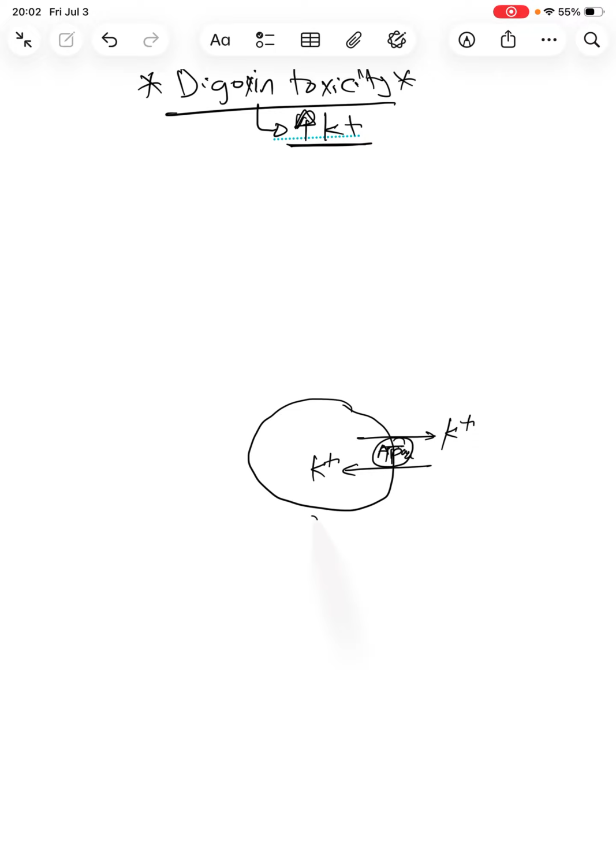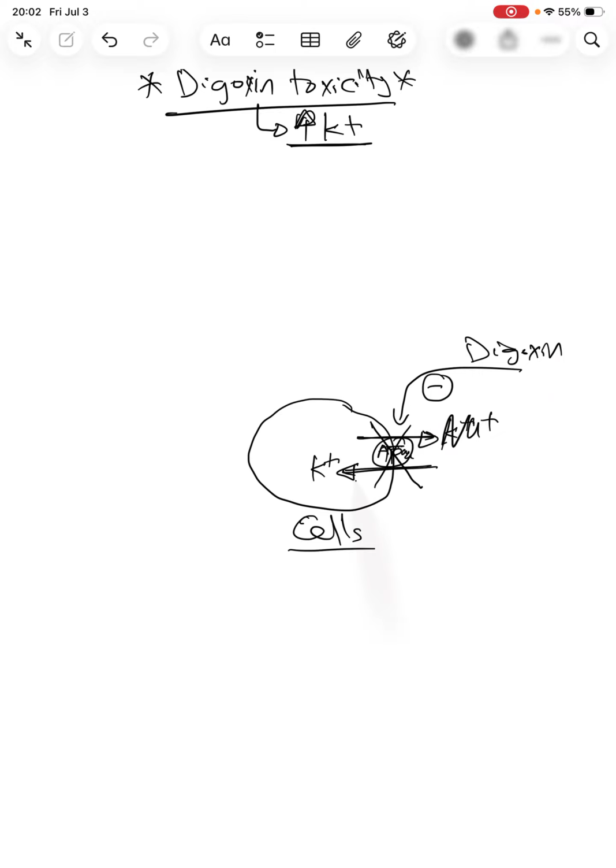If you have a cell, this cell is a myocardial cell or musculoskeletal cell, and you have the sodium potassium ATPase. This channel will bring potassium inside and sodium outside. With digoxin, the digoxin will have a negative effect on this channel and prevent the potassium from getting inside the cell, and as a consequence potassium will be high in the serum or blood.